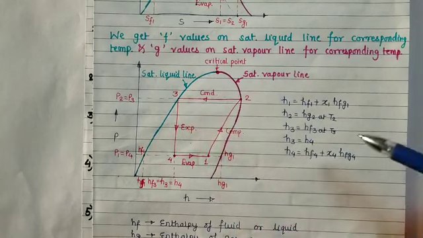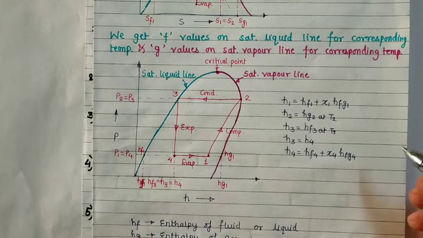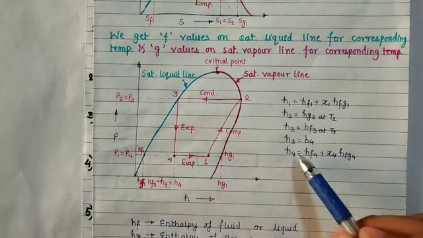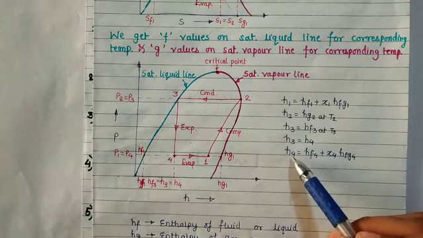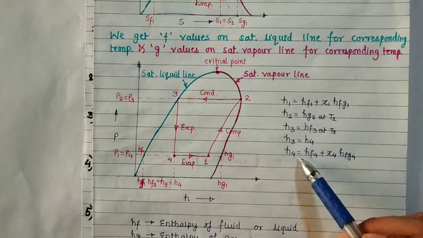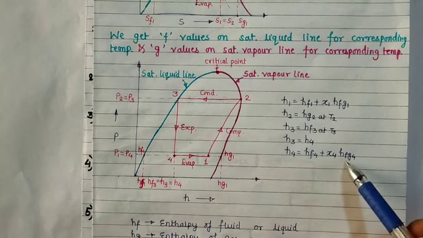Now these hf and hg values need to be found out either from the property table or on the pH chart. H4 is also in the liquid vapor region, so that's why H4 we have calculated through this formula.